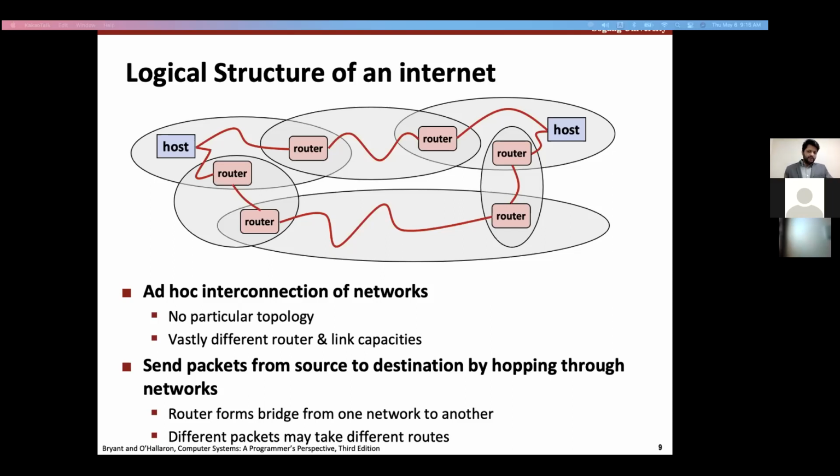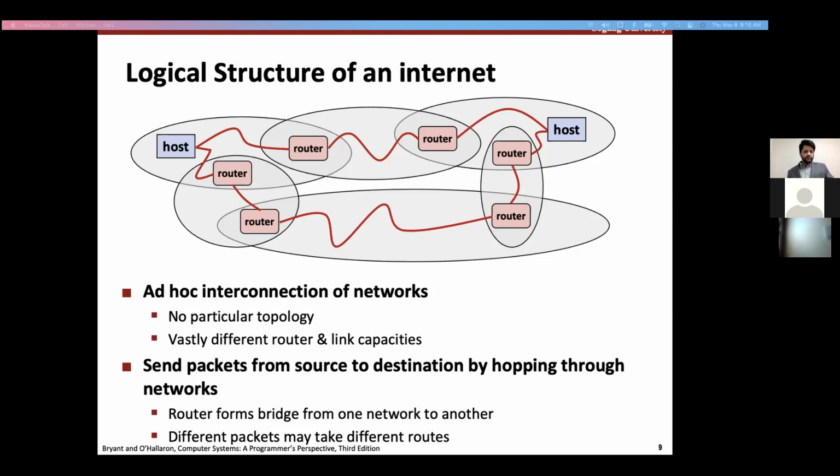In a bigger picture, at bigger scales, you have to define the network topologies, and there are vastly different routers, and they have different, versatile link capacities, how much data you can send or receive through these links. And you can send the packets from source to destination by hopping through the network.